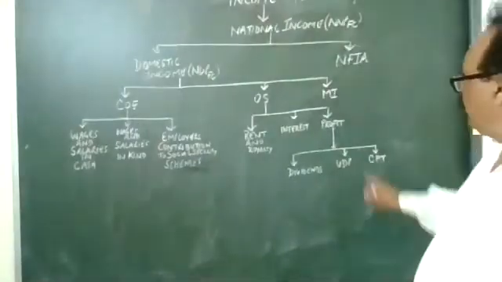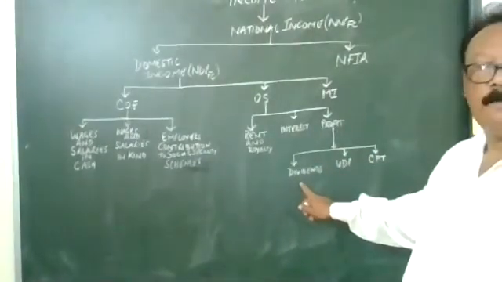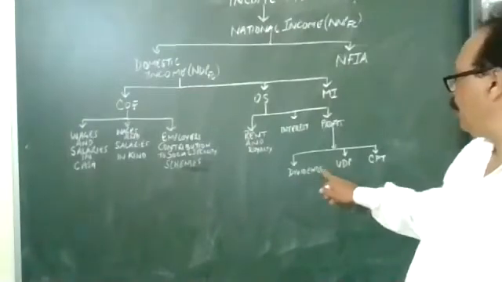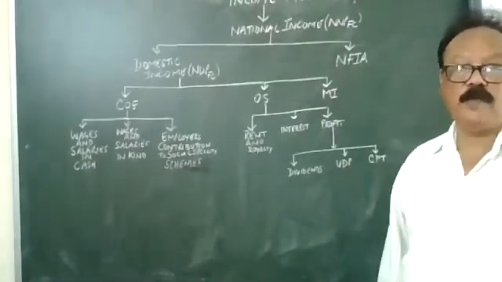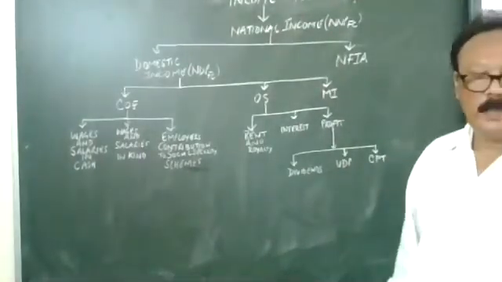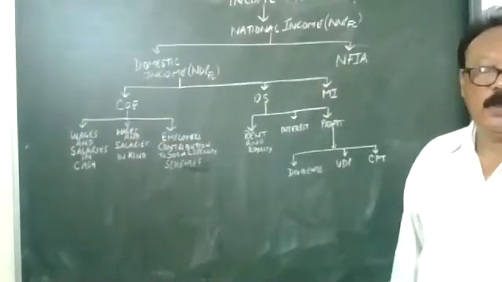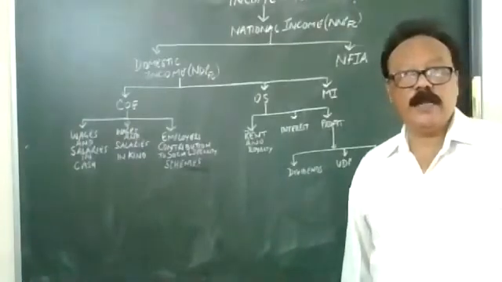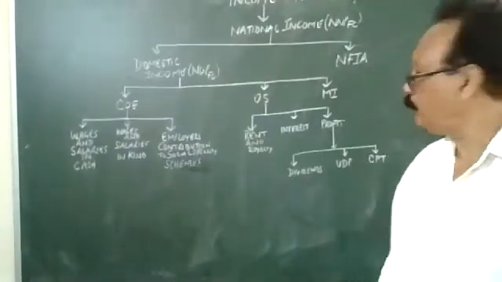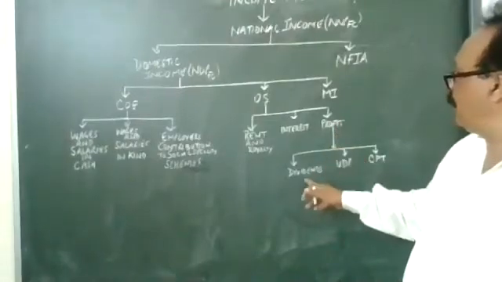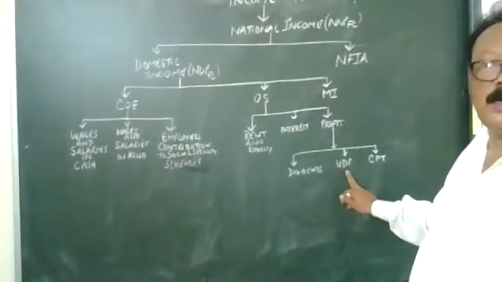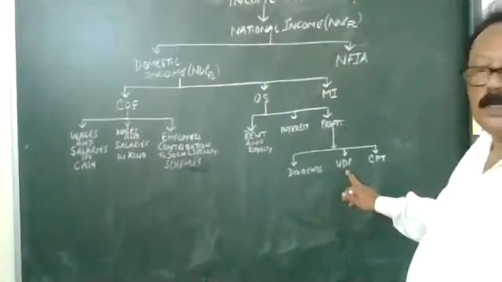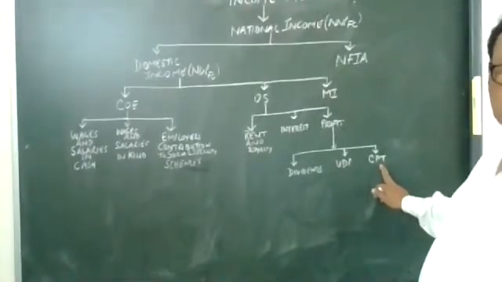Profits include dividends, UDP, which is undistributed profits, and CPT, which means corporate profit tax.